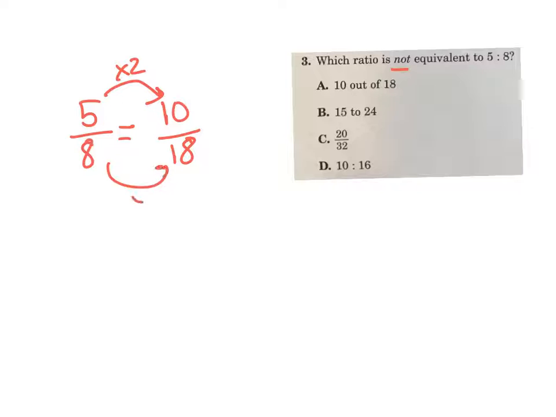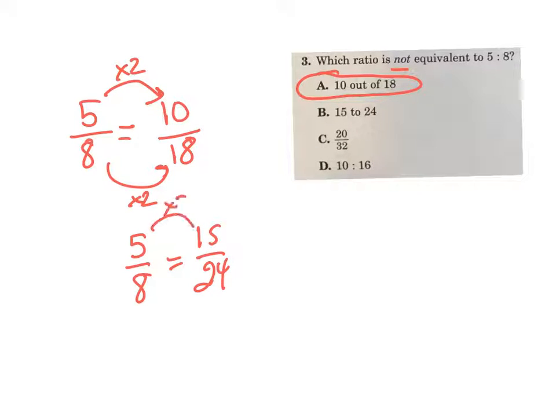Is that times 2? 8 times 2 is 16. Okay, so that one is not. Let's see if any other. 5 to 8 equals 15 to 24. That to that is times 3. 8 times 3 is 24. So they're equivalent. Okay, so that one works.